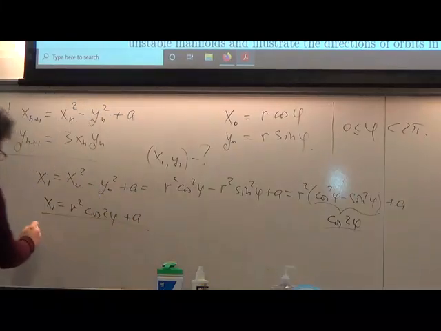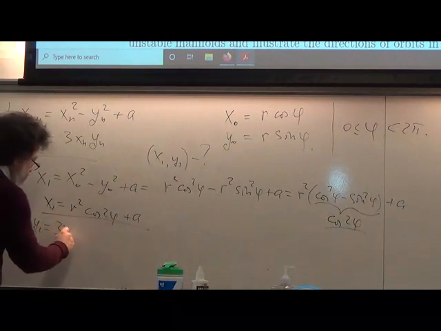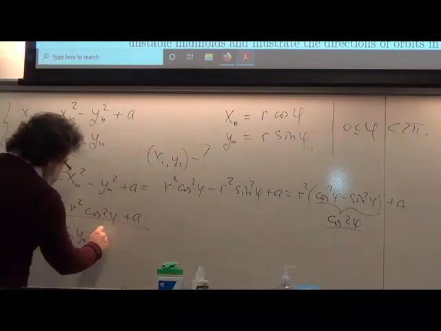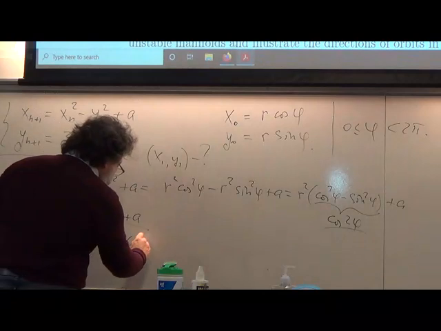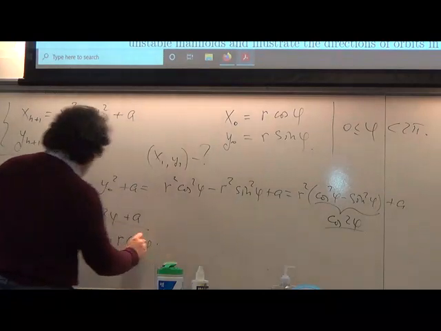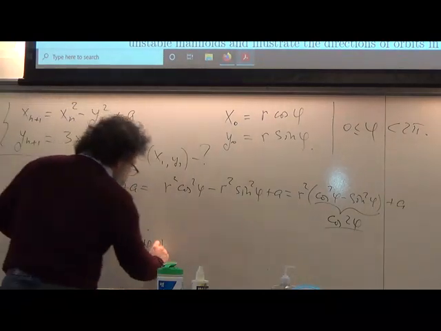We found x1. Let's find y1. y1 is 3 x naught y naught. x naught is r cosine phi, y naught is r sine phi.